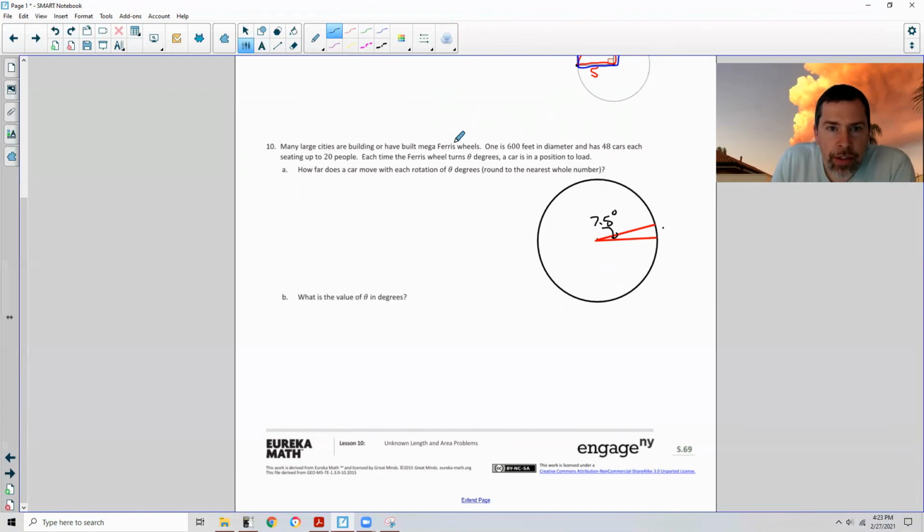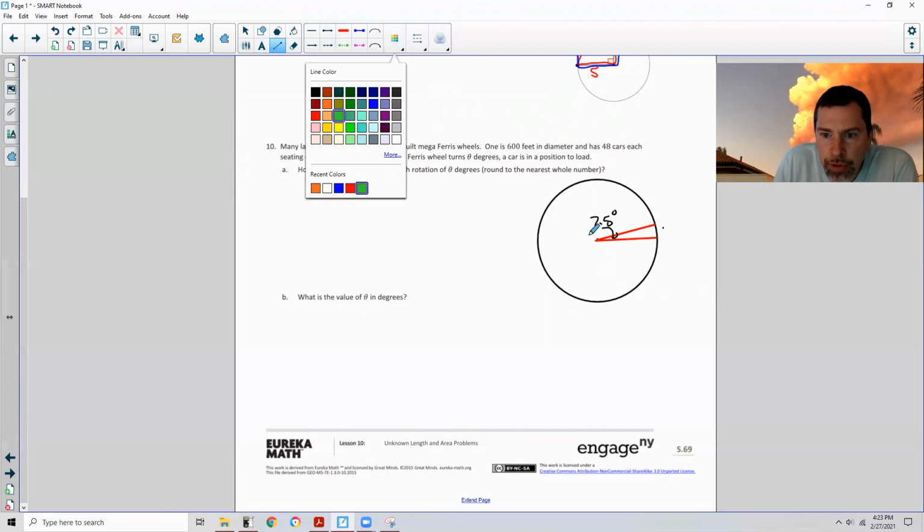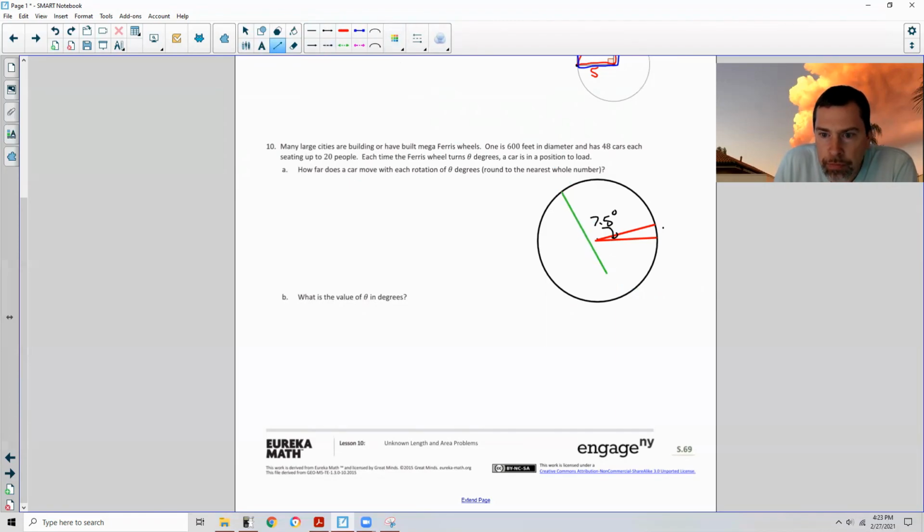This says it's 600 feet in diameter. So let me draw a diameter. I'll do it in green. Going through the center. Let me make that center a little bit more pronounced. So there's the center. This is 7.5 degrees. The diameter is 600 feet. So therefore the radius is 300 feet.